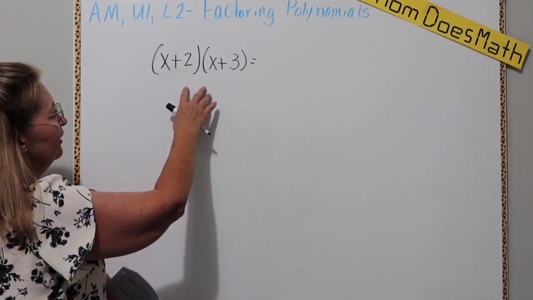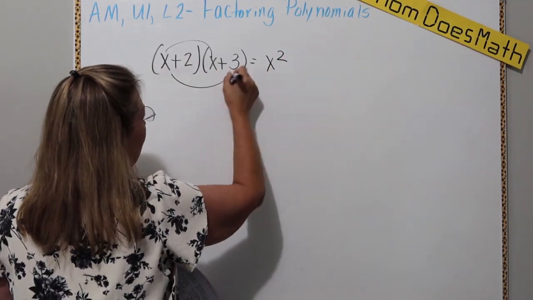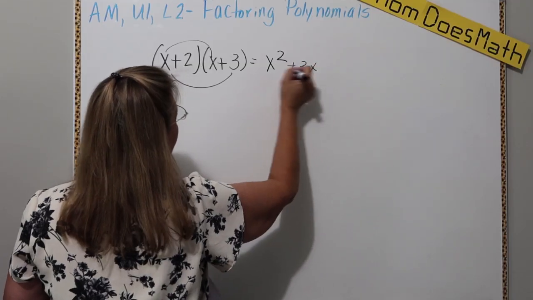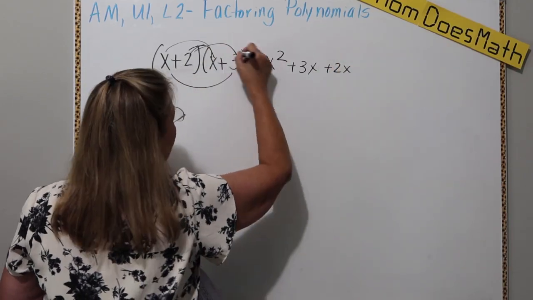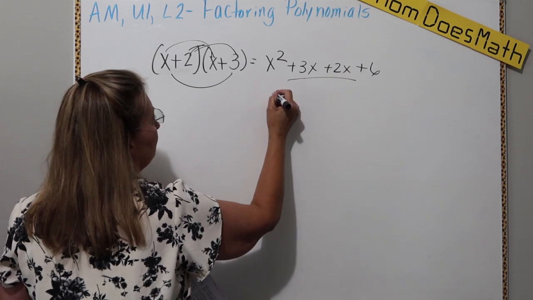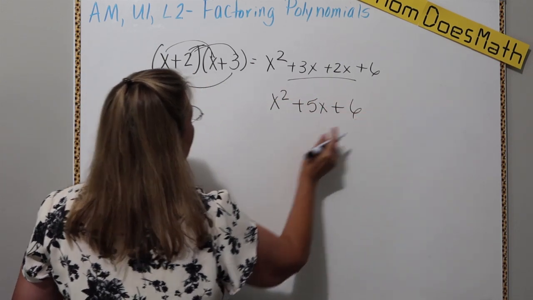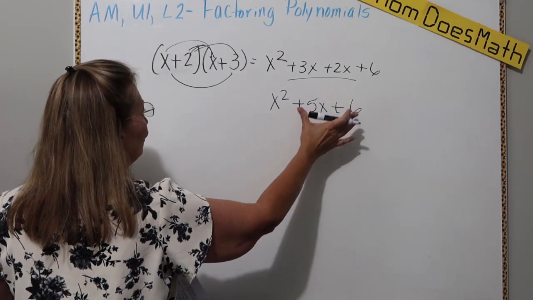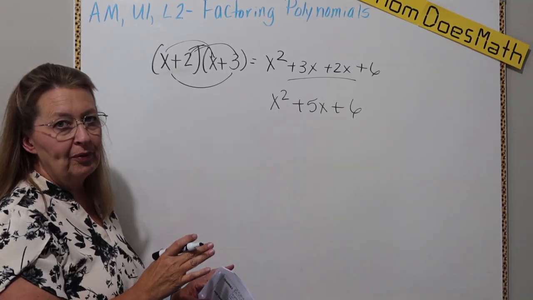So what would I get if I multiplied this together? Well, I would have x squared plus 3x plus 2x plus 6. And then your middle terms would add together. So you see how a trinomial comes from two binomials that were multiplied together.